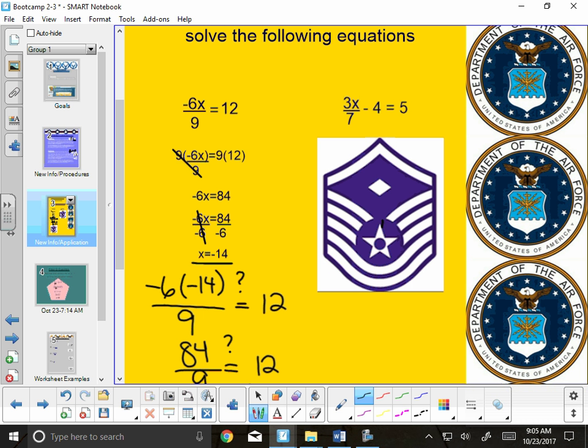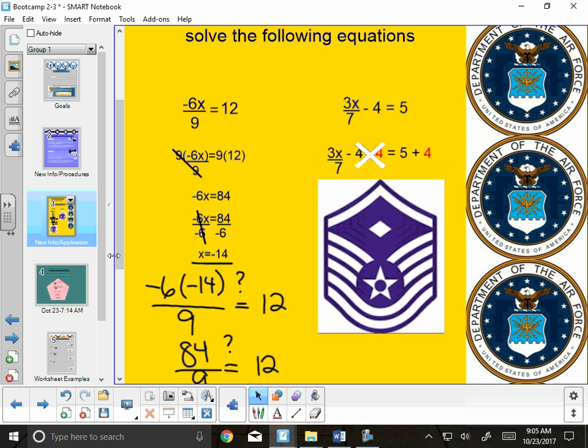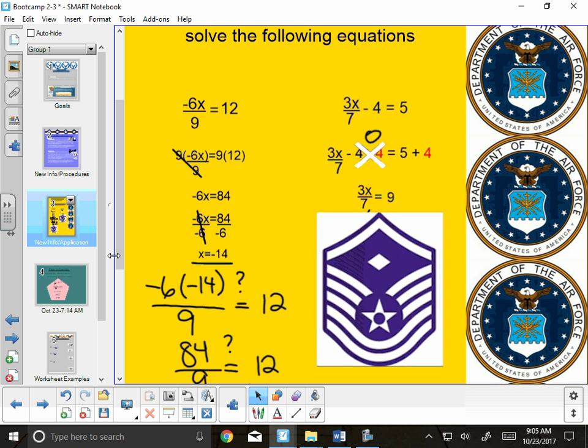So what I would do is add 4 to both sides, or add the opposite. When you do that, on the side that the negative 4 was already on, negative 4 plus 4 is going to give you 0, and 5 plus 4 will give you 9. So you're going to be left with 3x over 7 equals 9.